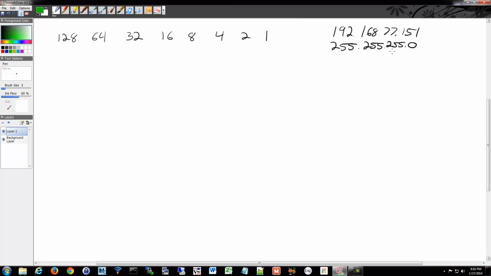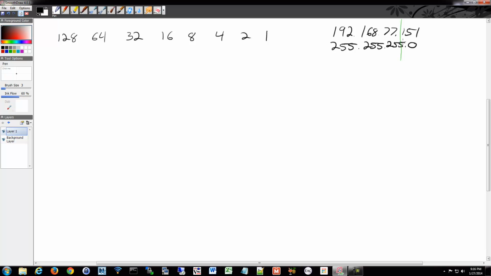That means that everything over here on the left side is going to match, and we'll talk about the ANDing process and matching in a few minutes. Everything on the right side is up for grabs essentially, so it's for the hosts, with the exception of two IPs, the network address and the broadcast address.